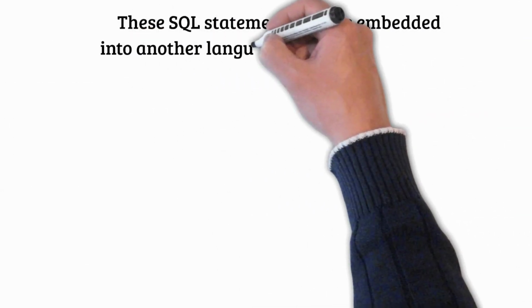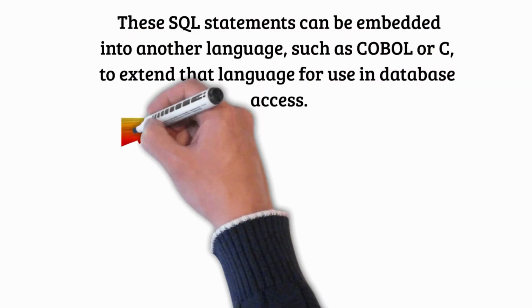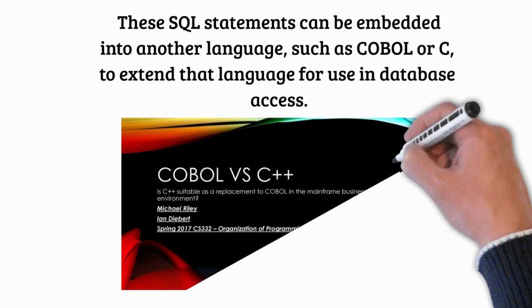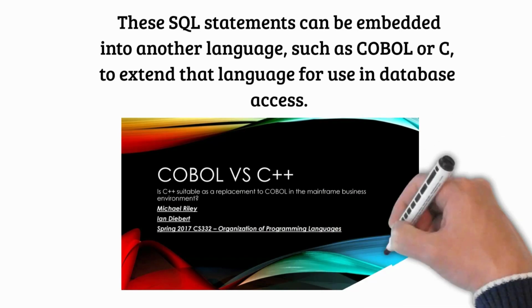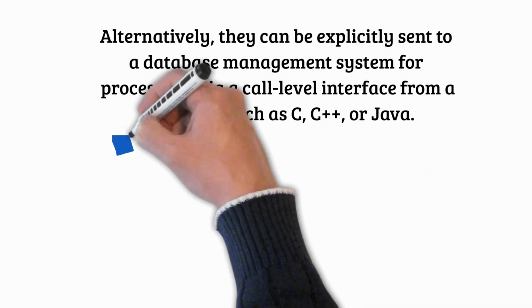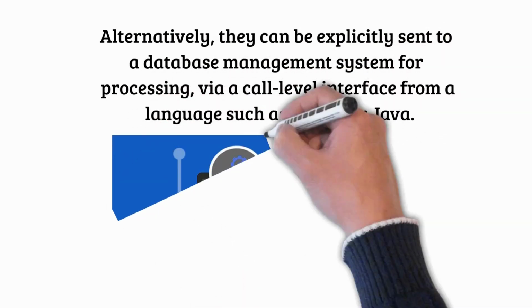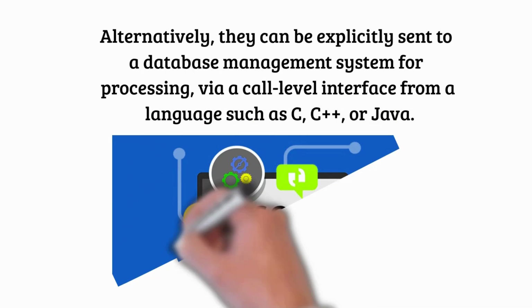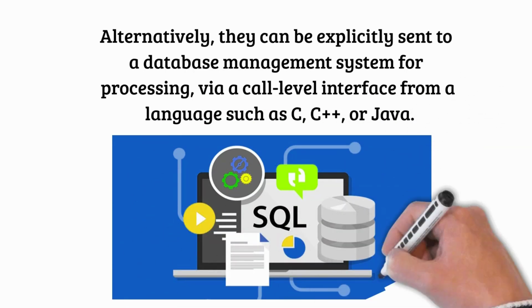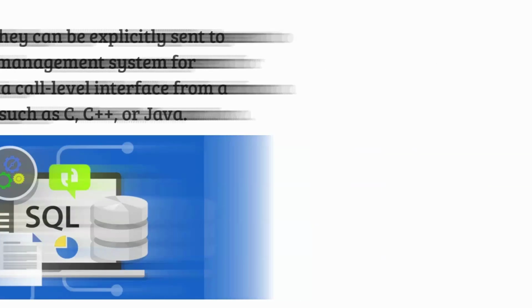These SQL statements can be embedded into another language, such as COBOL or C, to extend that language for use in database access. Alternatively, they can be explicitly sent to a database management system for processing via a call-level interface from a language such as C, C++, or Java.